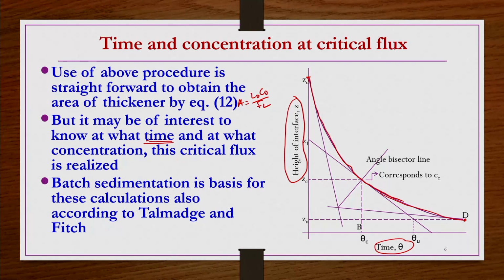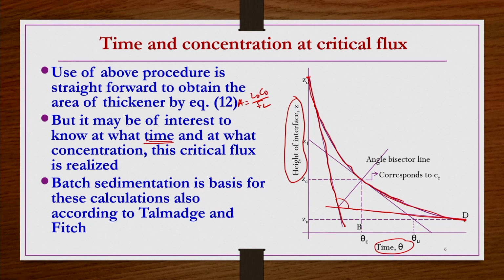At these 2 points, the initial Z naught and the final data point that you have, you draw tangents like this. When you draw these tangents and extend them, they intersect each other at a certain point, and they make some angle.